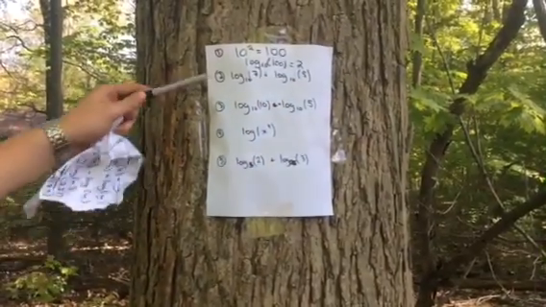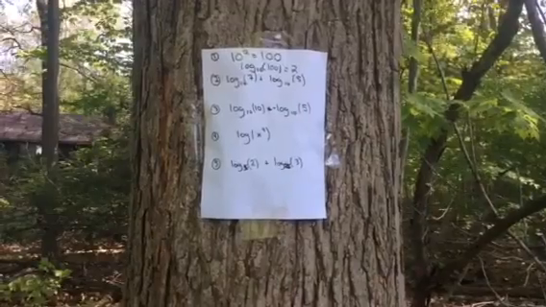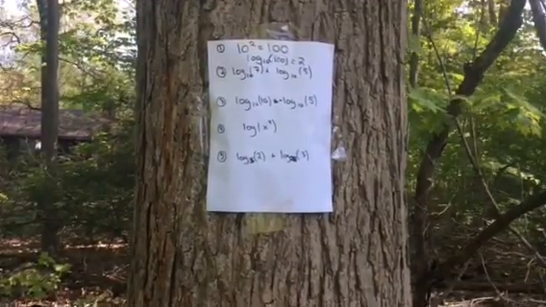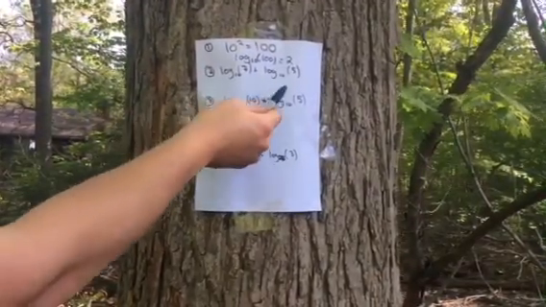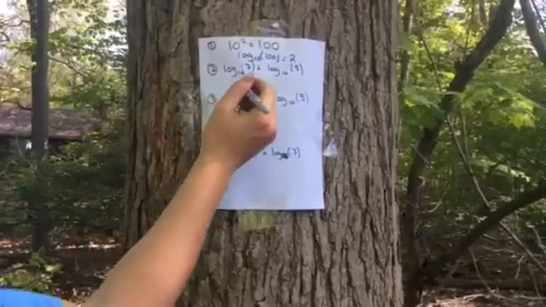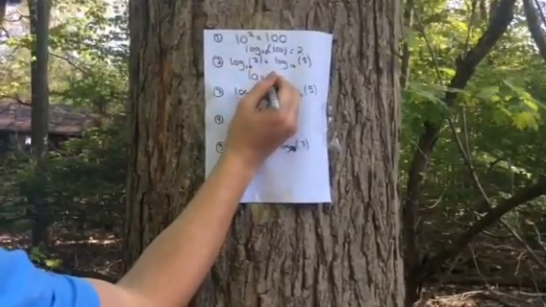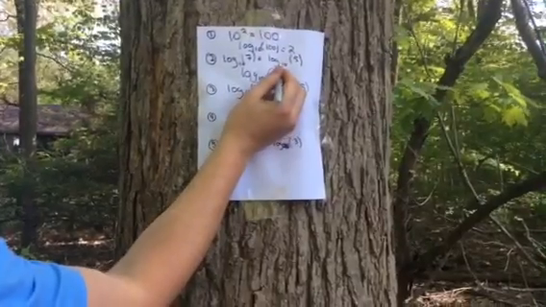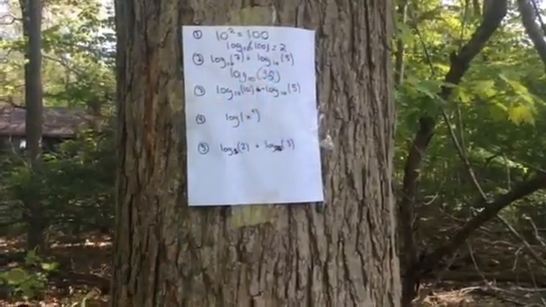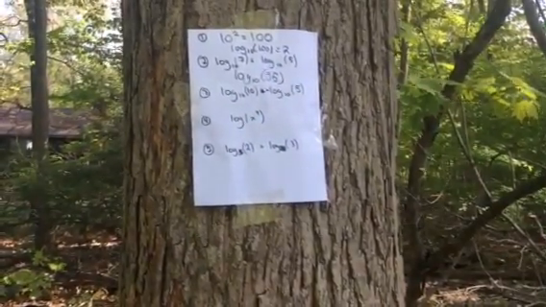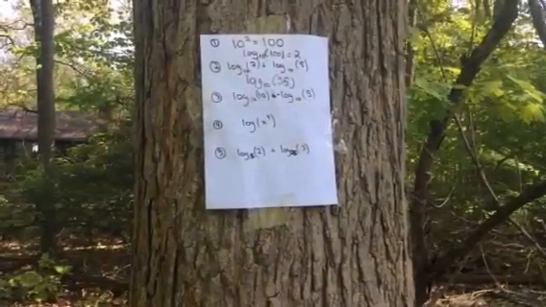Next example deals with the rule dealing with addition and multiplication. When having logs with the same bases, they can be combined into one equation. 7 times 5 is 35, and that's what you get.